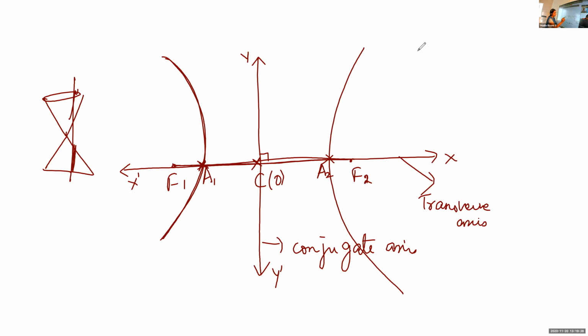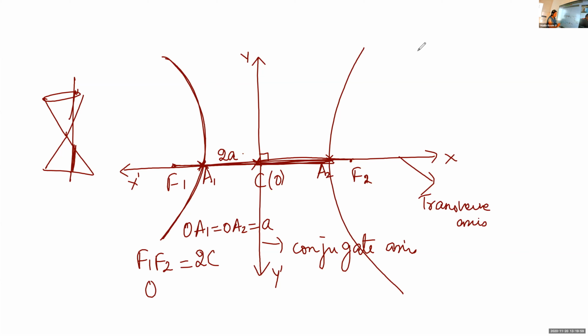Suppose we take this distance OA1 equal to OA2, which is a. Then the total length will be 2a. Similarly, the distance between the two foci, F1, F2, we denote as 2c.